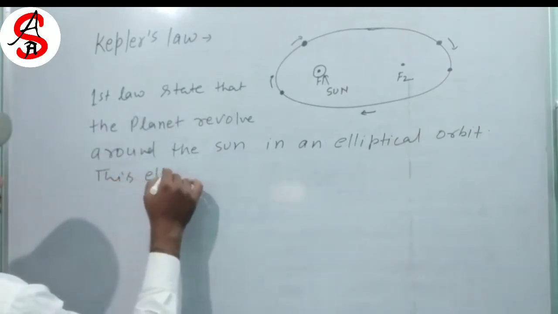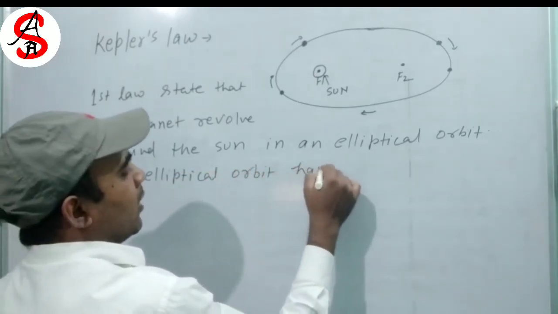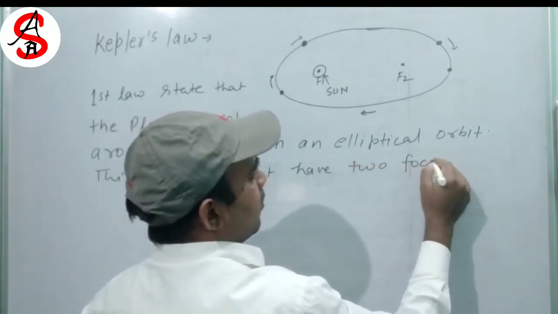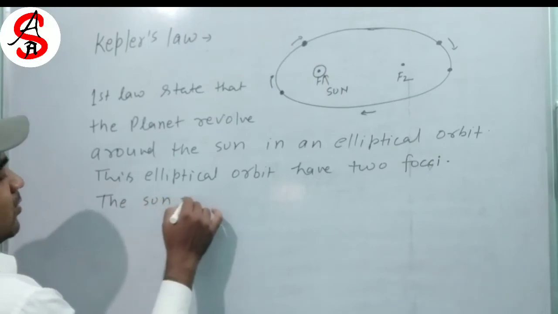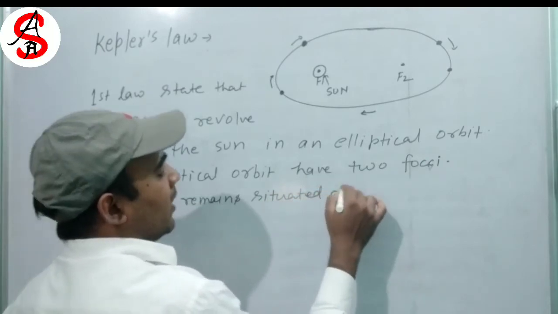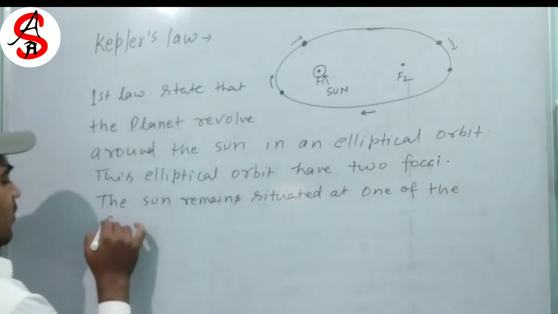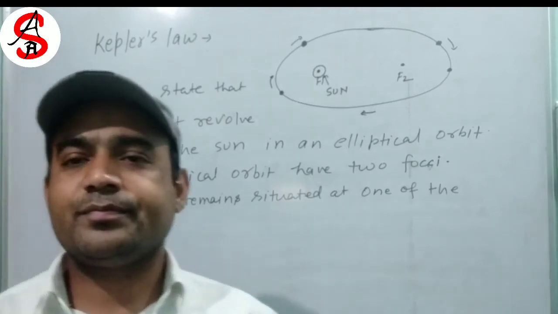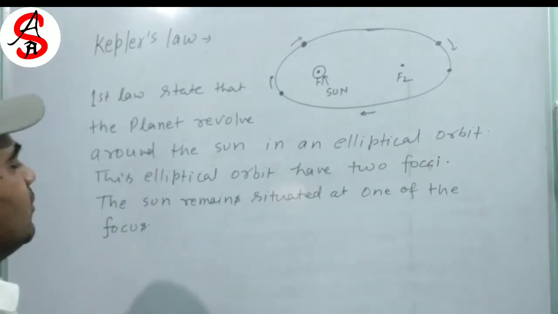This elliptical orbit has 2 focus, or 2 foci, that is plural. The Sun remains situated at one of the focus. So this is the first law given by Kepler.